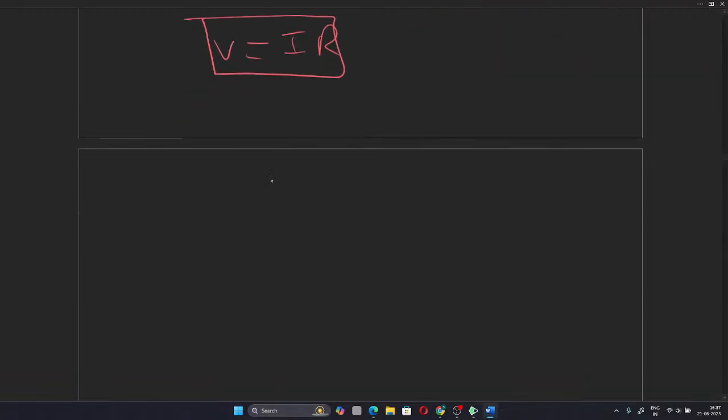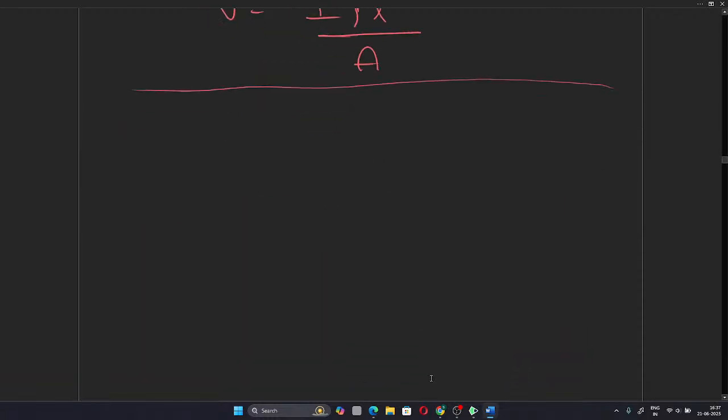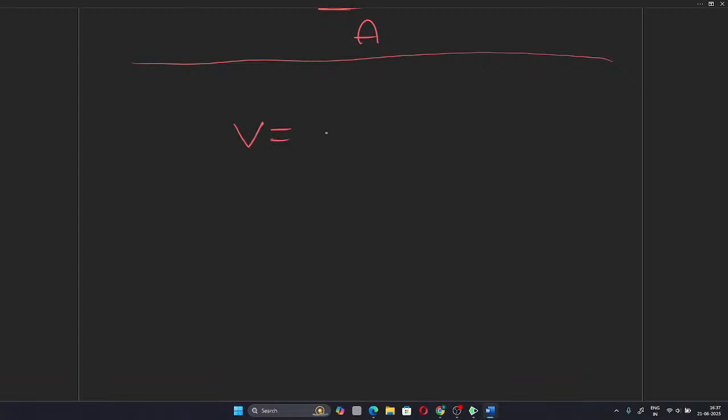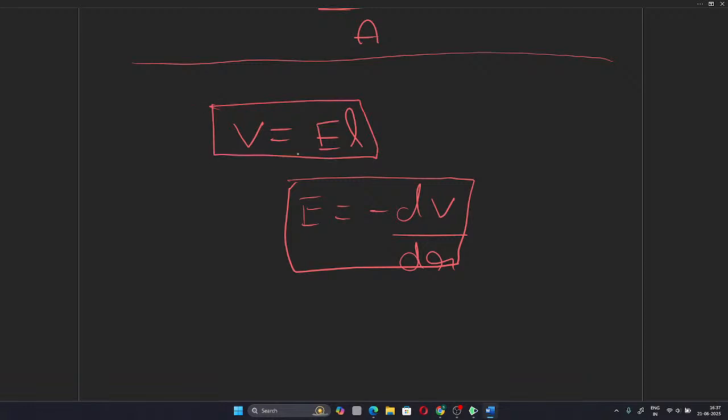We get that V equals I rho L by A. From the previous chapter, we know that potential is electric field times distance, or we can inversely write it as E equals minus dV by dr. This we can write as V equals EL.